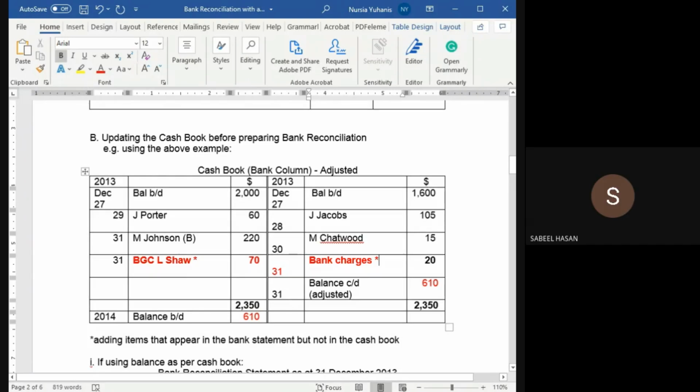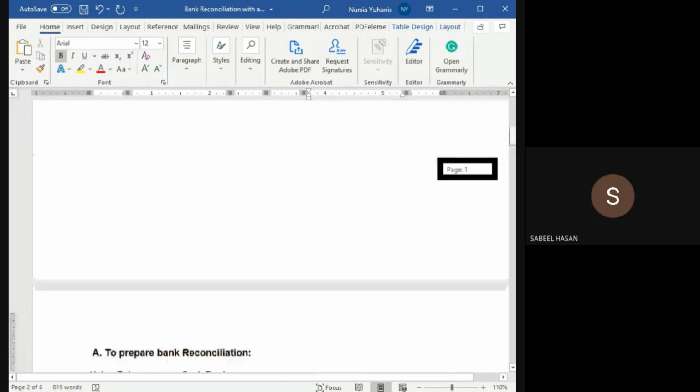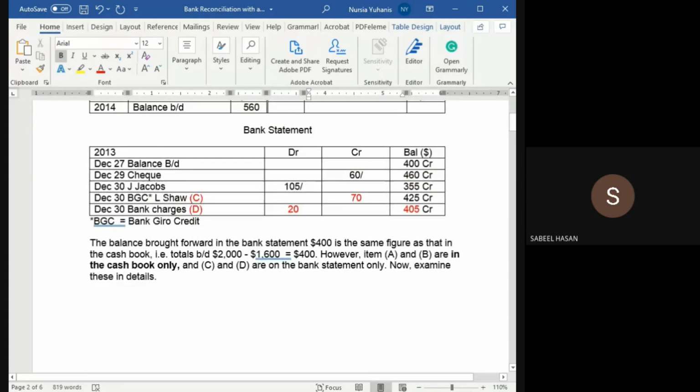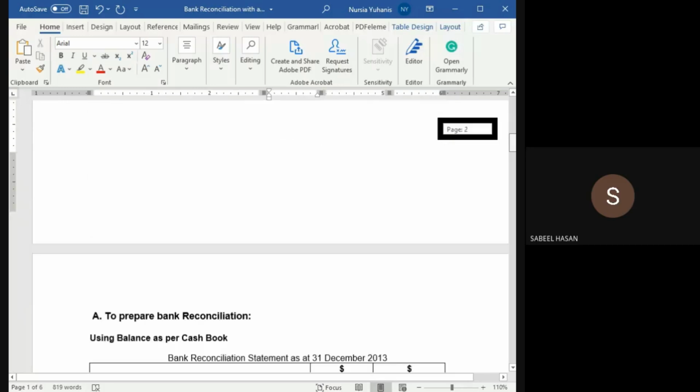Bank charges are your expenses, so they should be under credit, and BGC is what you receive from this person. Because BGC appears on the credit side of the bank statement, in your cash book it must be on the debit side. And the bank charges appear on the debit side of your bank statement, so in your cash book you put them under the credit side.